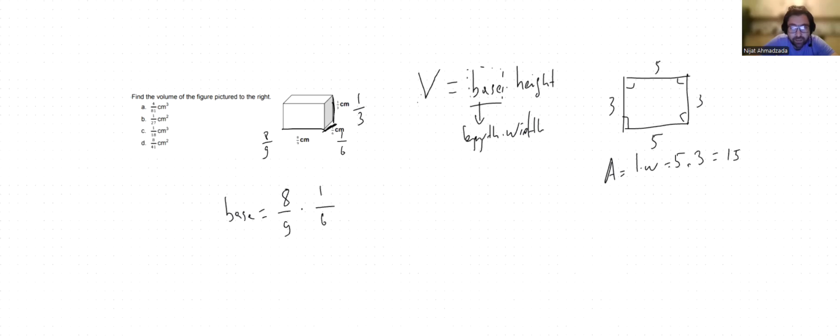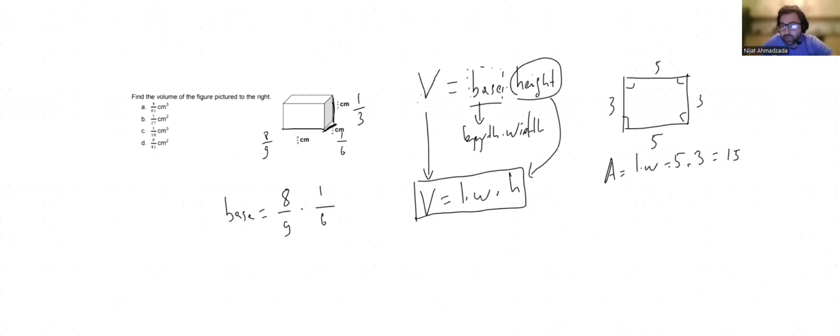So if we sum up, this formula should be, because you remember base was length times width, right? Length times width, this is base, times height. You see this height over here? So this is the volume formula. If that were a cube, for a cube all of them are the same, all of them are the height, or the length, or the width.